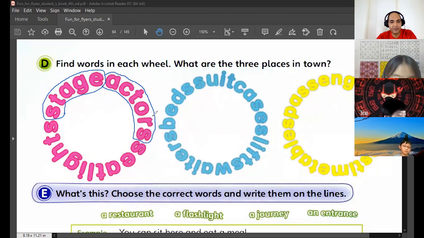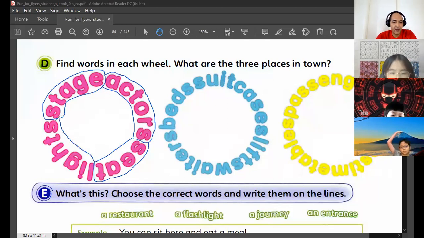Actors. Next word, third word. Seat. And the fourth word, you can probably see, lights. So in the pink circle, there are 4 words: stage, actors, seat, lights.